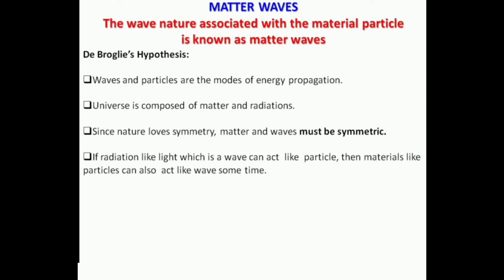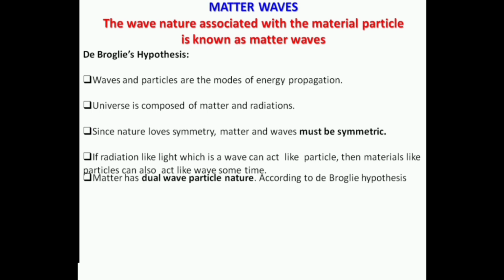If radiation like light, which is a wave, can act like a particle, then material particles can also act like waves sometimes. If waves can act like particles, why can't particles act like waves?